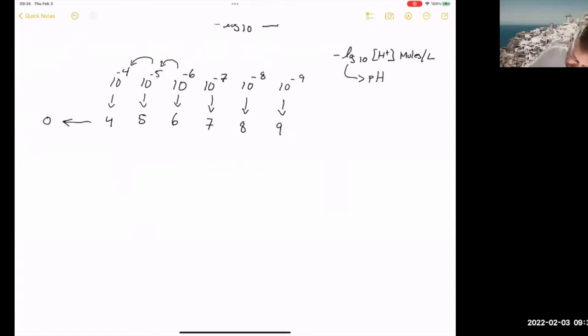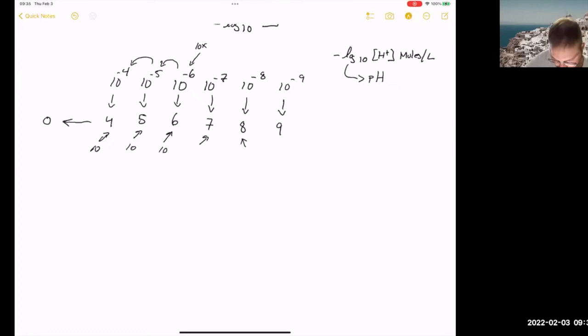So 10 to the minus 6 is 10 times more acidic than 10 to the minus 7. So a pH of 6 is 10 times more acidic than a pH of 7. Right? A pH of 5 is 10 times 10 or 100 times more acidic than a pH of 7. A pH of 4 is 10 times 10 times 10 is 1,000 times more acidic than a pH of 7.